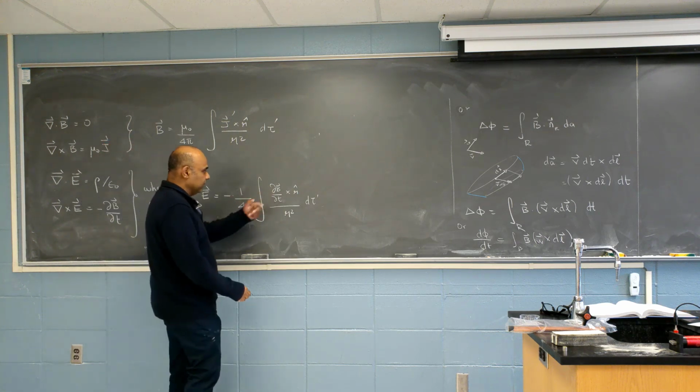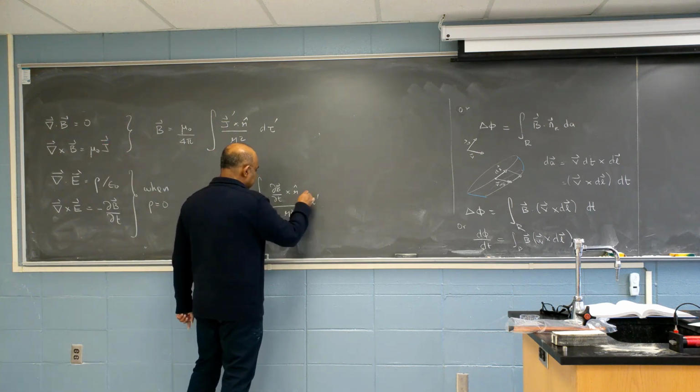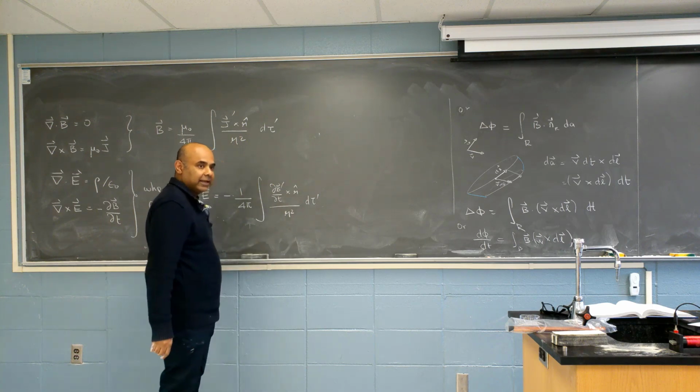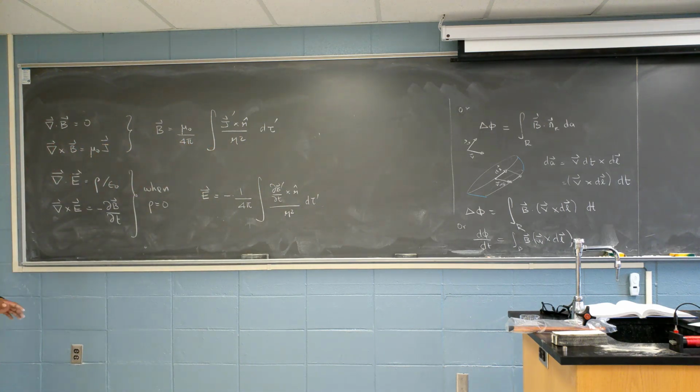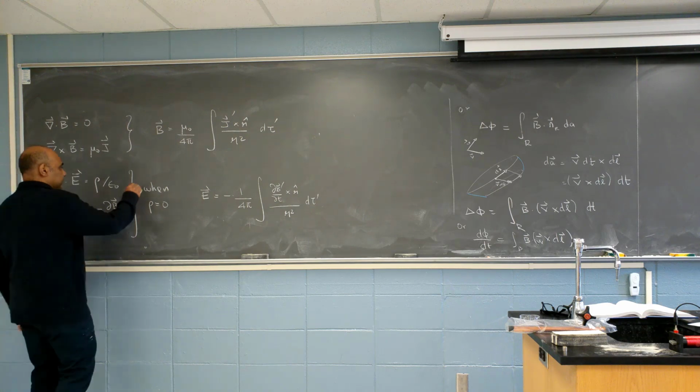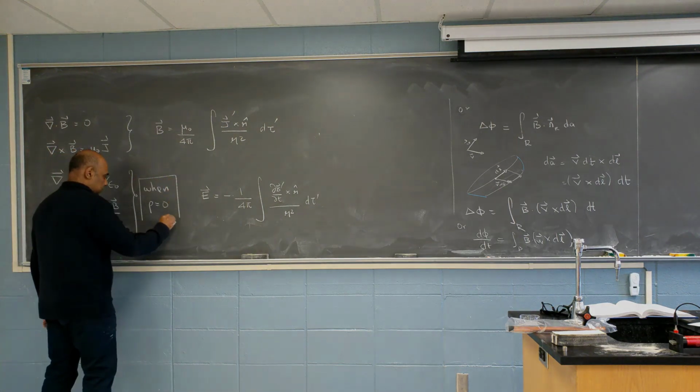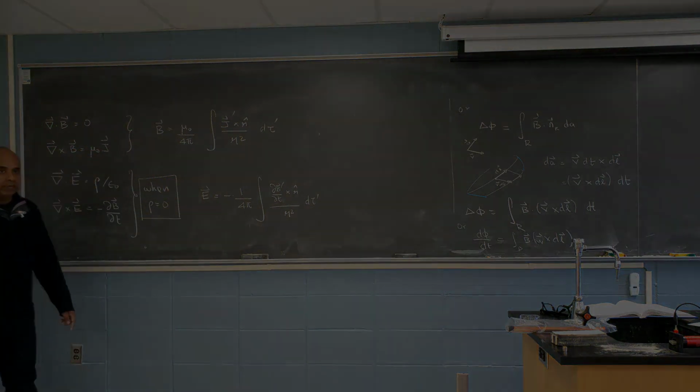Here there are no sources but the magnetic field, so you're integrating over all the magnetic field: the rate of change of magnetic field everywhere. But this is only true when rho equals 0.